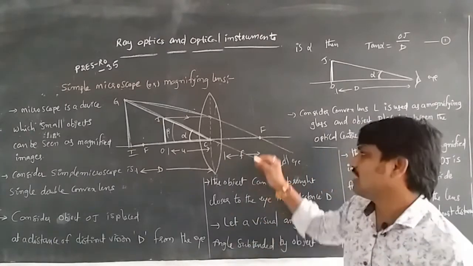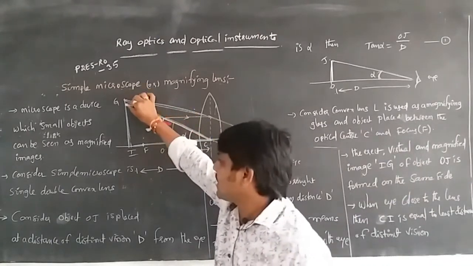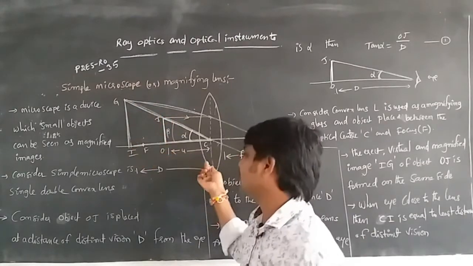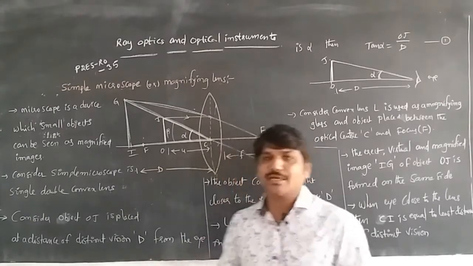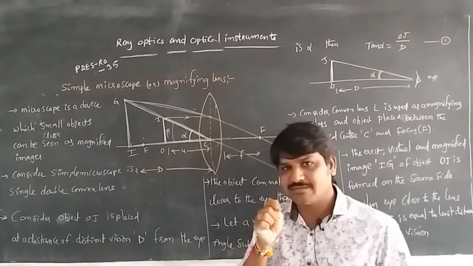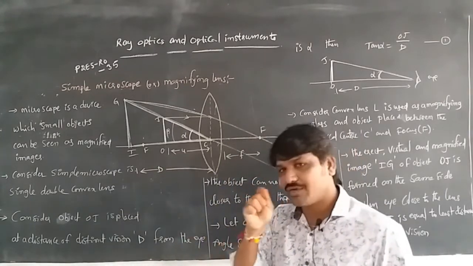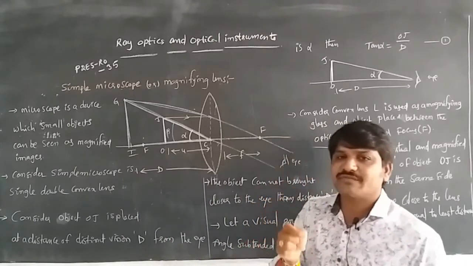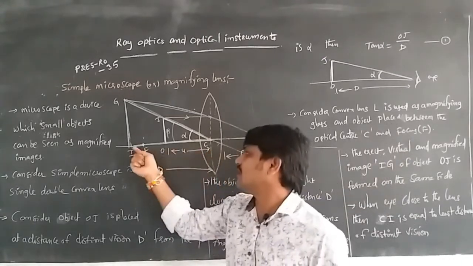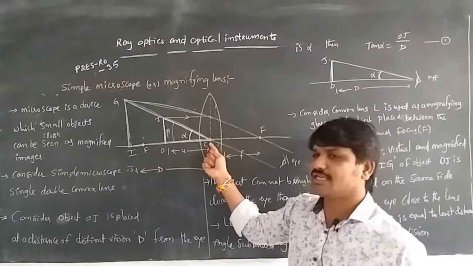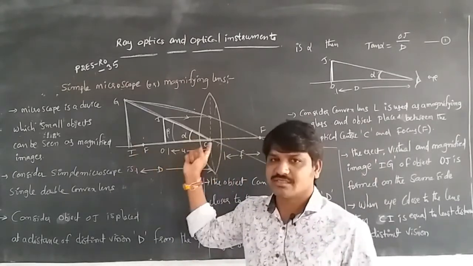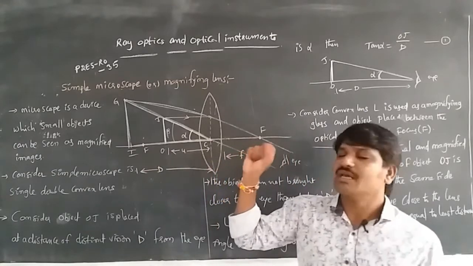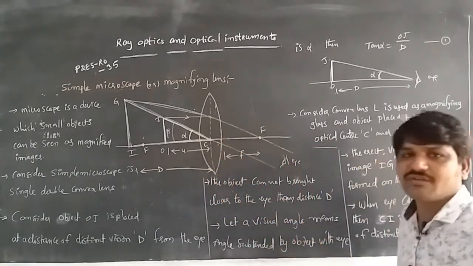The erect virtual magnified image is formed at a distance of D. When the eye is taken near the lens, the distance from the optical center to the image, IC, is nearly equal to the distinct vision D.